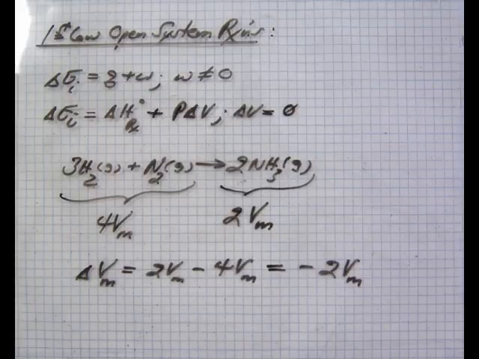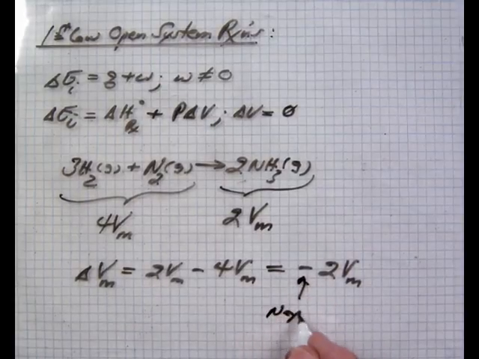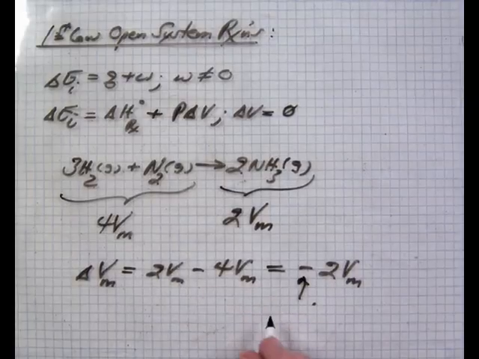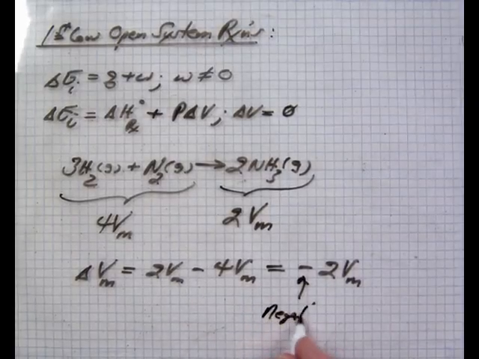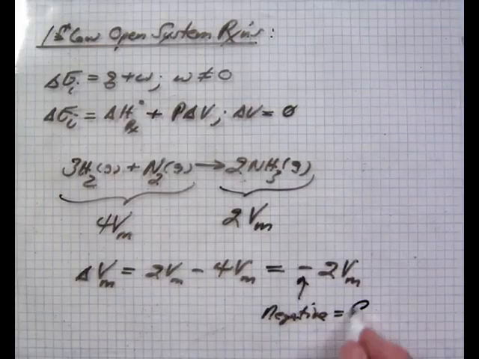If we take a reaction like this and take the difference in the molar volumes, and it comes out negative, new term coming up: we call this a compression reaction.